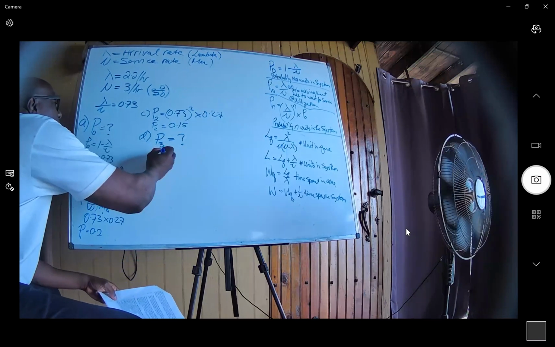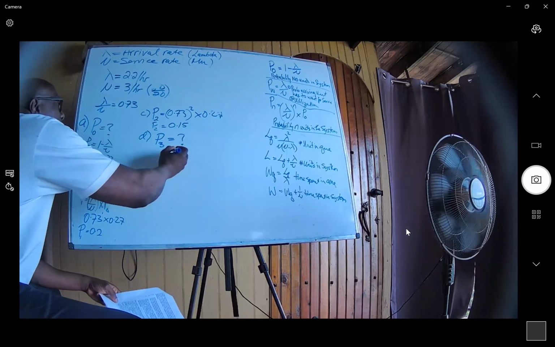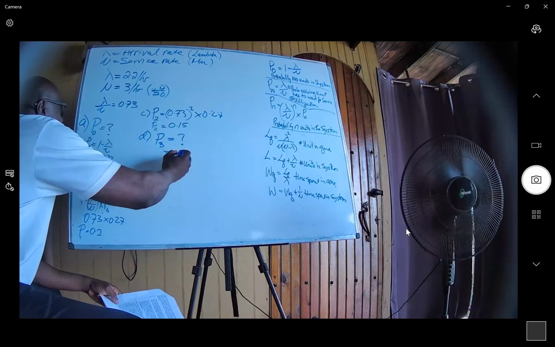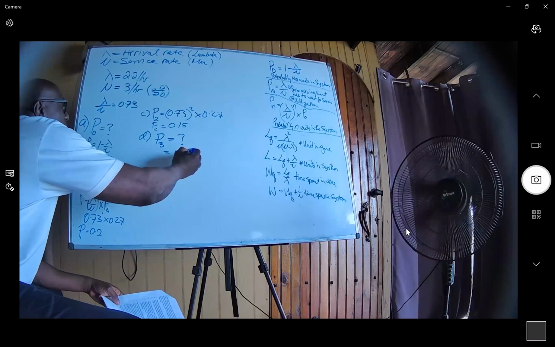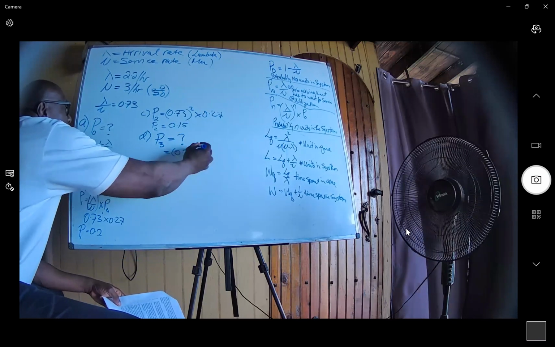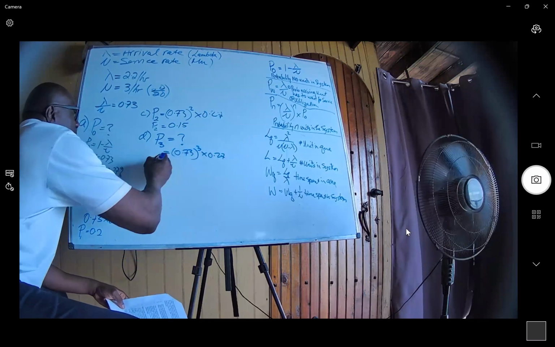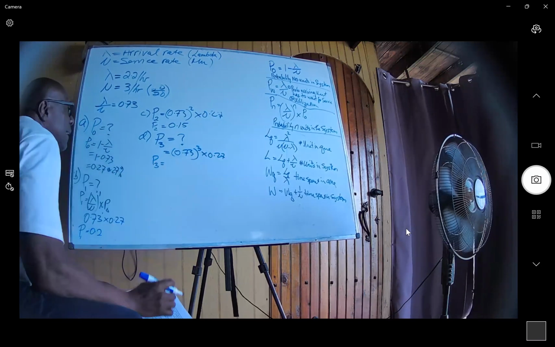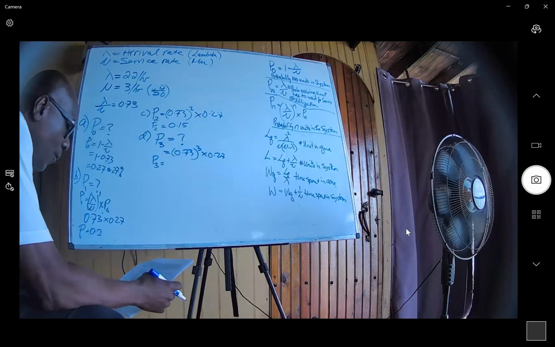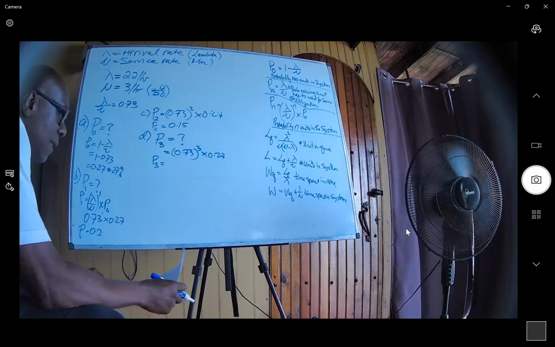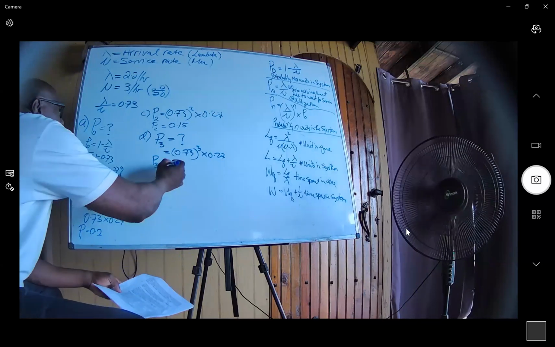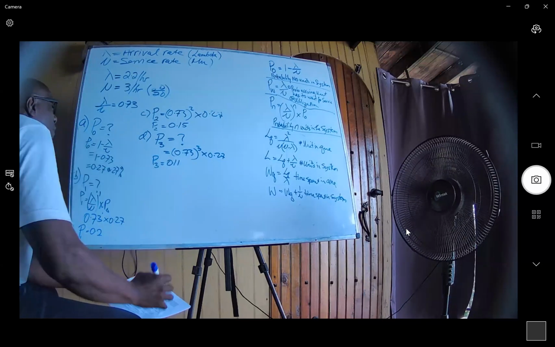So P3 is going to be equal to lambda over mu, which is 0.73 cubed, times 0.27. What's that? 0.11. Sure? Did somebody confirm that?